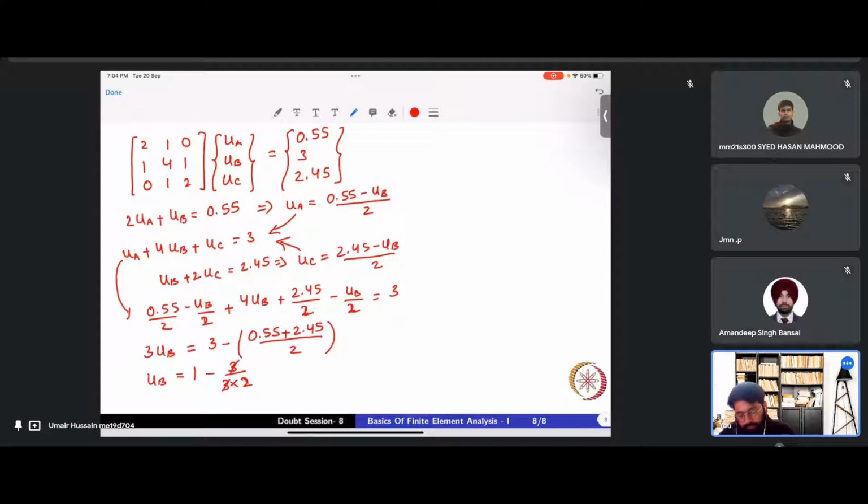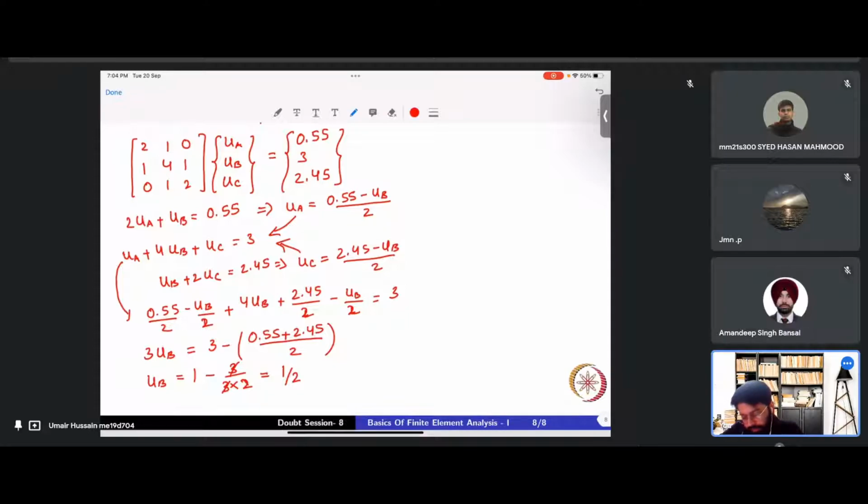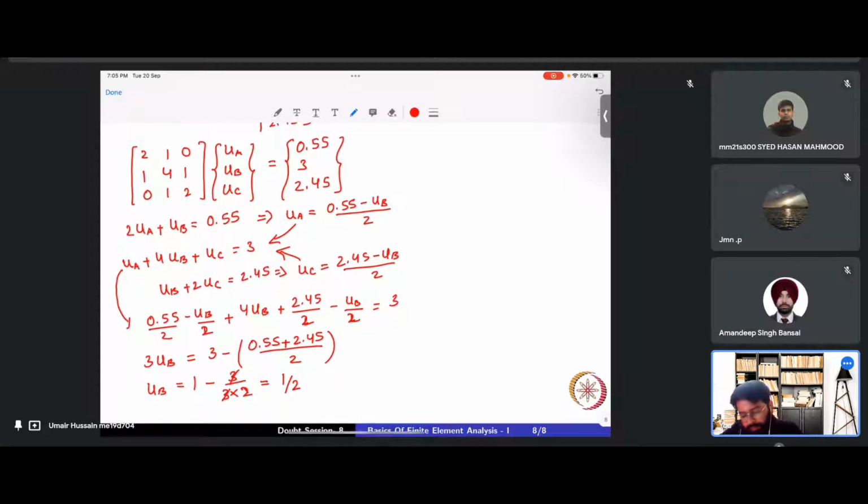We are left with 1 minus 1 by 2, that is again 1 by 2.